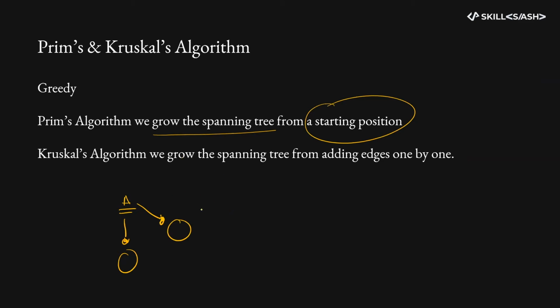So let's say you have edges A to D, A to C, C to B, B to D, and C to B only, such kind of graph. And you have some weights like 1, 3, 5, 4, let's say 5, 2, something like that. So what you do, you go first from A to D because it has the minimum one. Then from D you'll go somewhere which is the minimum one, so D to C, because it is the minimum one.